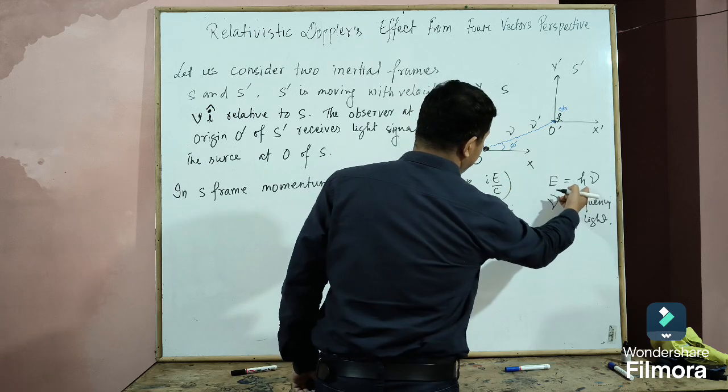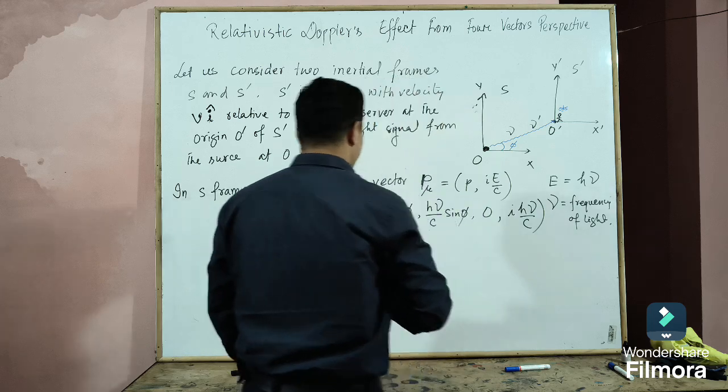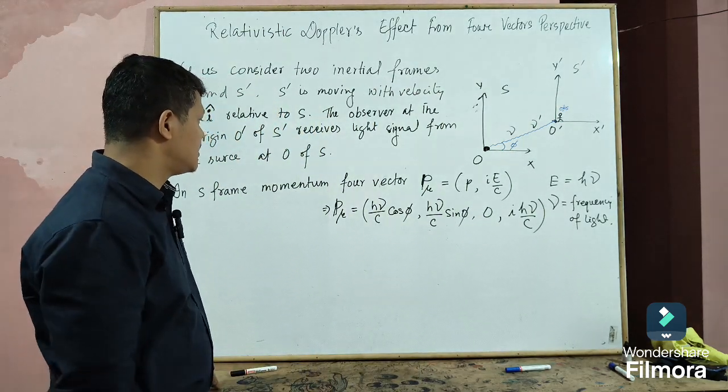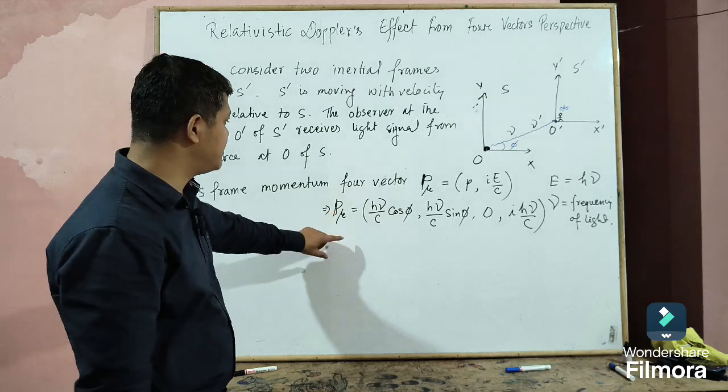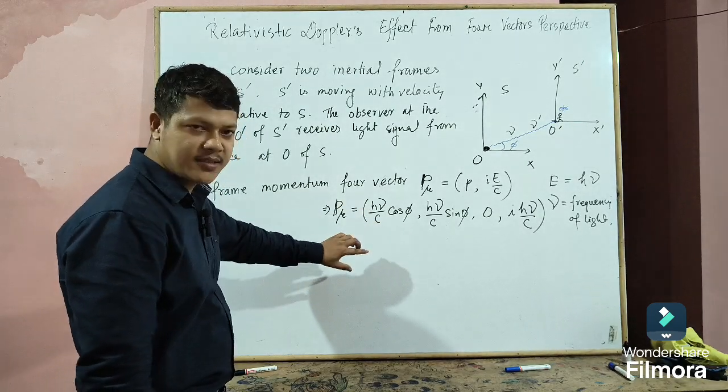Here instead of E we can write h nu by c, right? Hope you have understood this. So momentum is given by h nu by c.